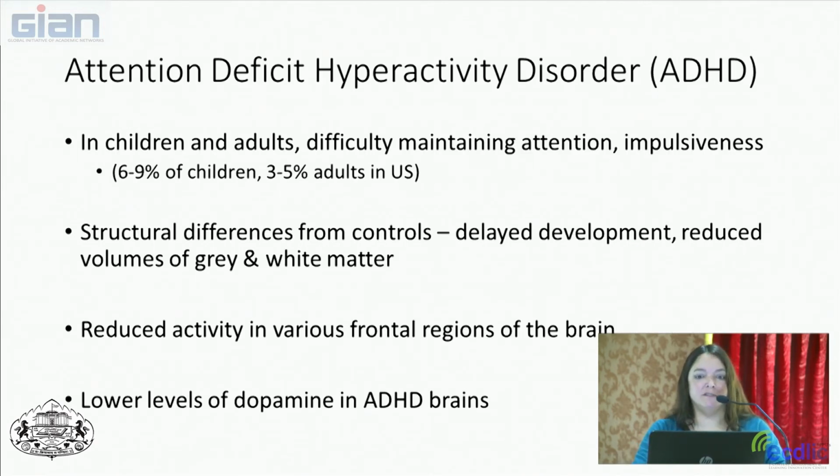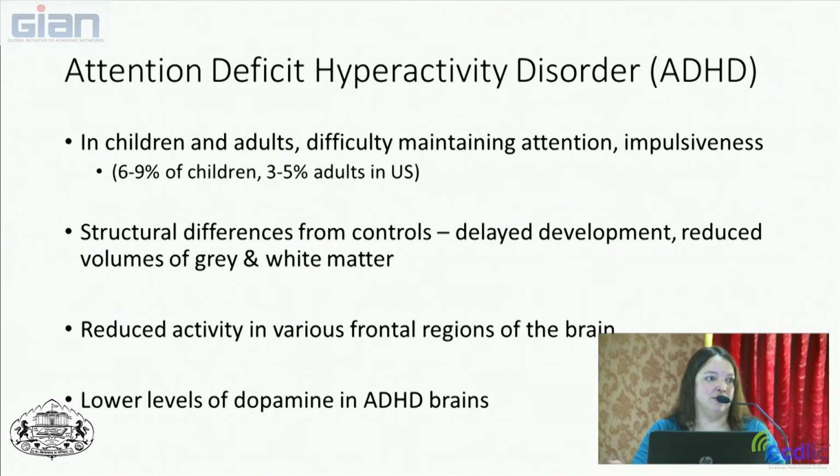Okay, attention deficit hyperactivity disorder. This is thought to be a problem with regulation of control in the brain. In children and adults, this is difficulty maintaining attention and impulsive behavior. This is something that's really become a popular diagnosis to give to kids in the US.